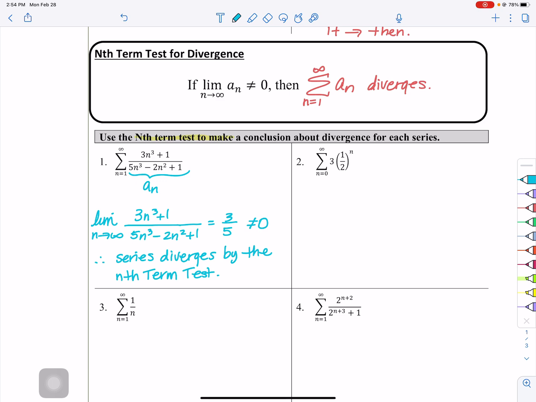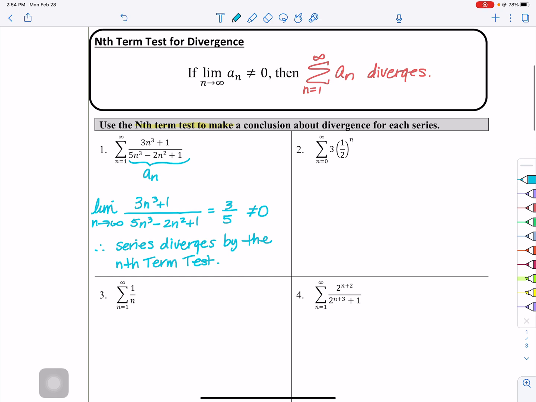Okay, let's look at number 2. What do you recognize? You guessed it. We have a geometric series. Now, we're not really using what they told us to use. We're supposed to use the nth term test for divergence. But we are going to go ahead and note that this is a geometric series and proceed in this manner.